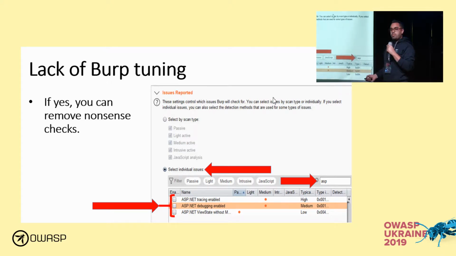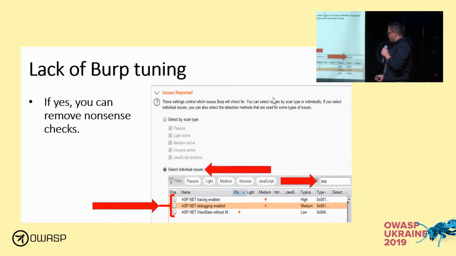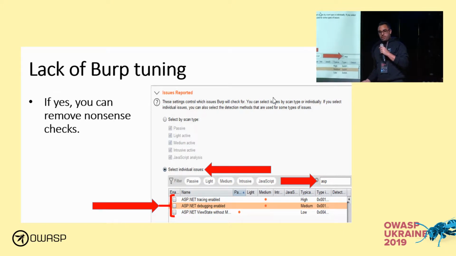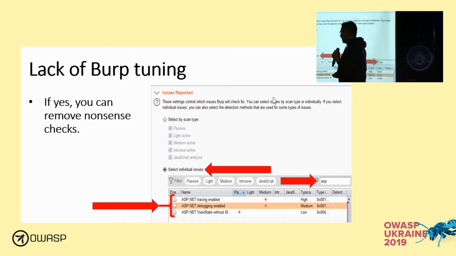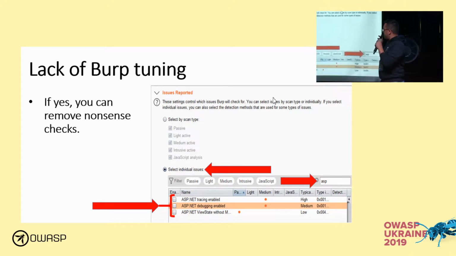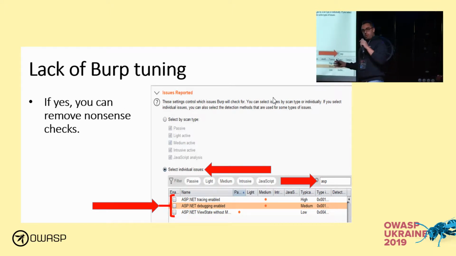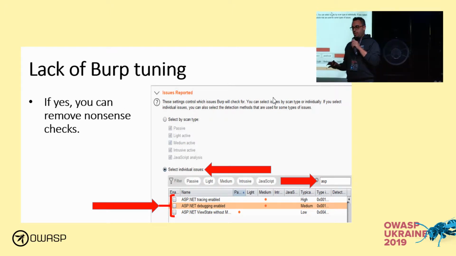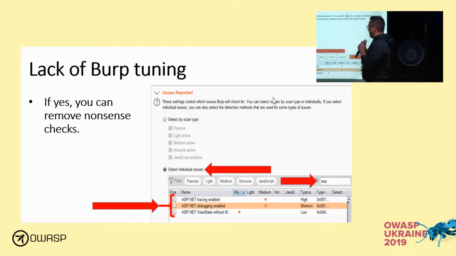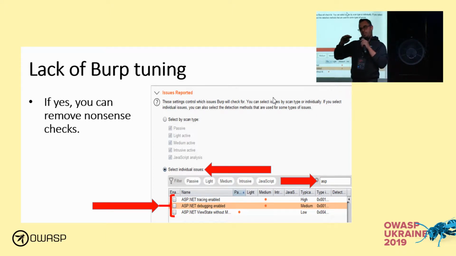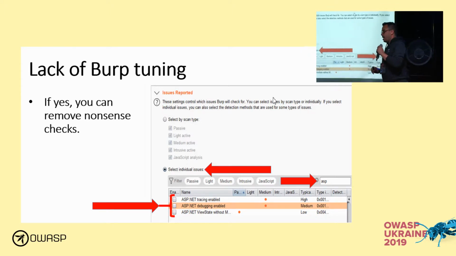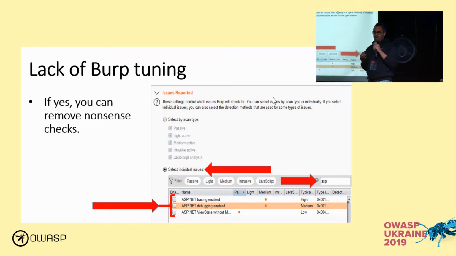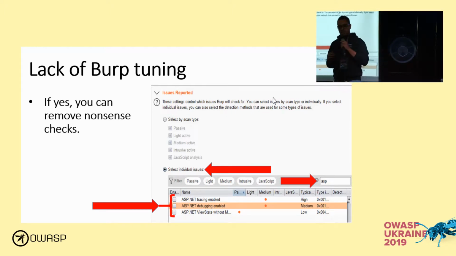For example, if you have a PHP application, why should you test for ASP.NET? There is no sense in doing that. I want to explain this because for dynamic headers you have to create a macro, as you're going to see, and it makes the scan or your action against the target a little bit slower.